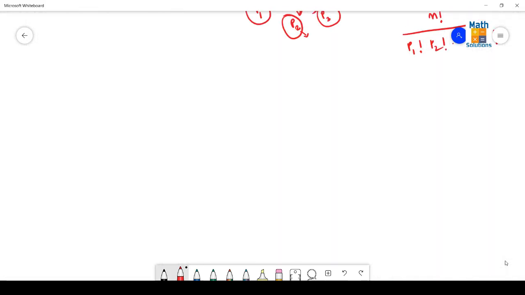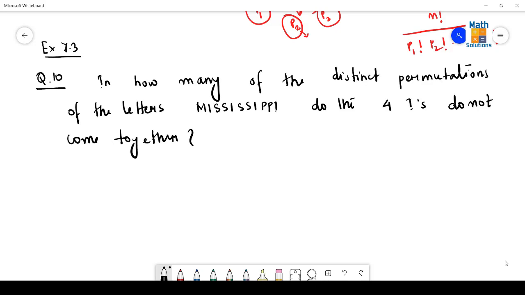This is the first question. Actually I am starting with question number 10 of exercise 7.3 of NCERT maths book. In this question we are asked to find out how many distinct permutations of the letters of the word Mississippi in which all the four I's do not come together.